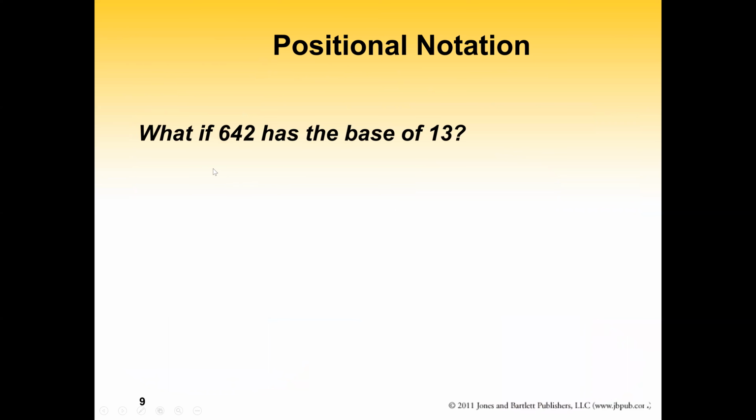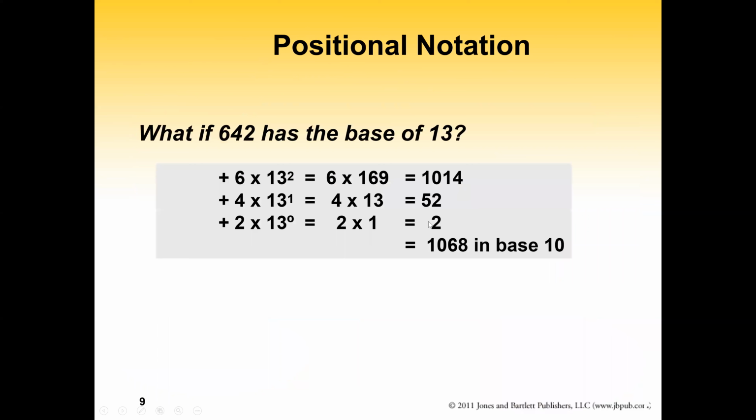So what if 642 has the base of 13? The same concept, which means, again, the base of 13 means the value here is not a decimal number, it's a 13, I would say 13 number system, or the base. So this means we have digits from 0 to 12, which make it 13.